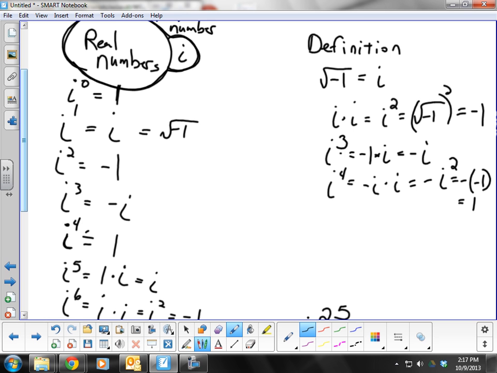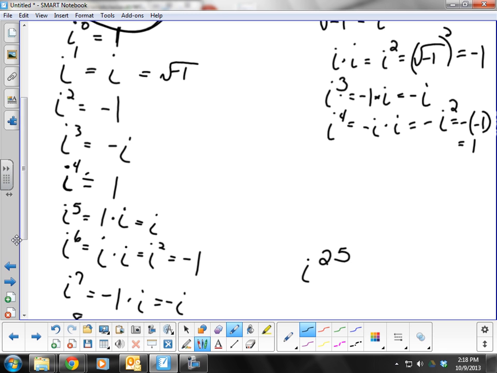It is 1. So, if I have i to the 25th here, and this is my cycle, then what you can do is take 25 and divide it by 4, since it cycles through in 4 steps. That tells me I've gone through the cycle 6 whole times, because at 24 I'd be back.